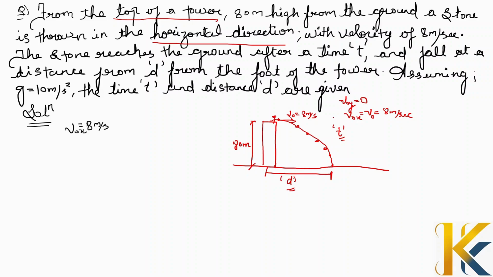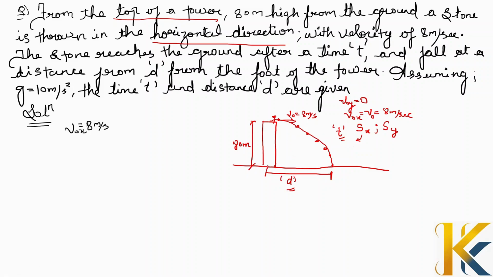Now what about the displacements? Displacements will be in x direction as well as in y direction, because it is a two-dimensional path. The direction is changing in two dimensions, in y direction also, in x direction also. Now what is displacement?